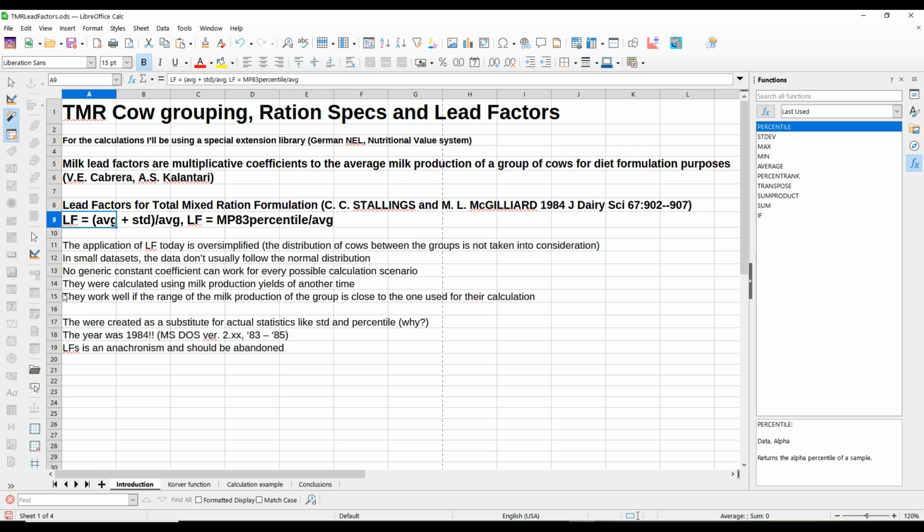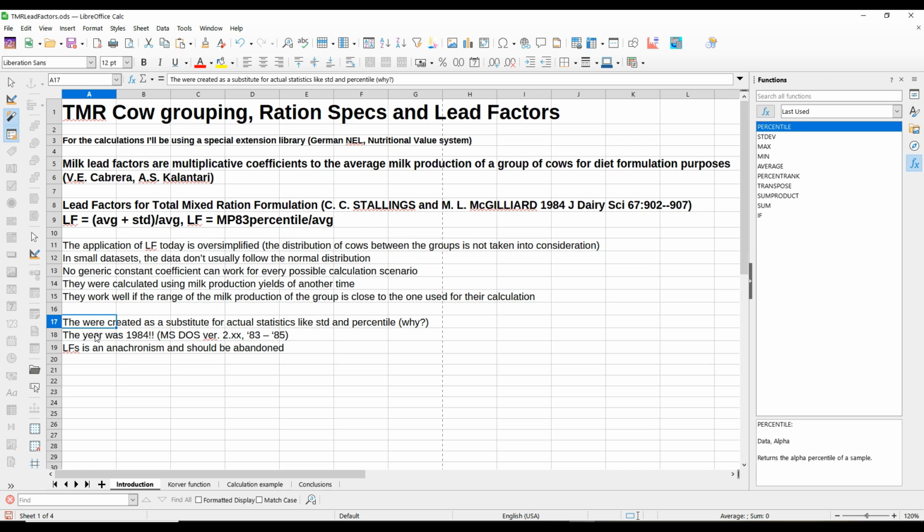Moreover, the lead factors were calculated using milk production data of another time, back in 1984, and as a result they work well if the range of the milk production of a group of animals is close to the one used for their original calculation. This is also common sense to understand, I believe.